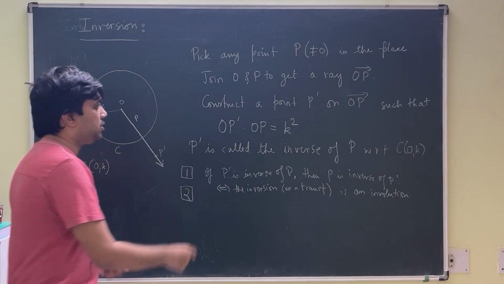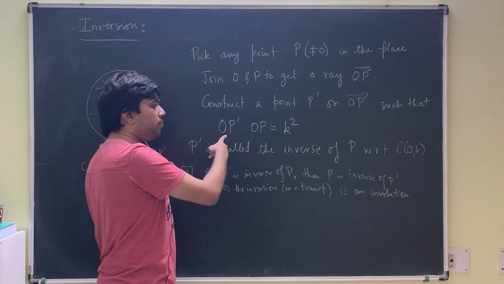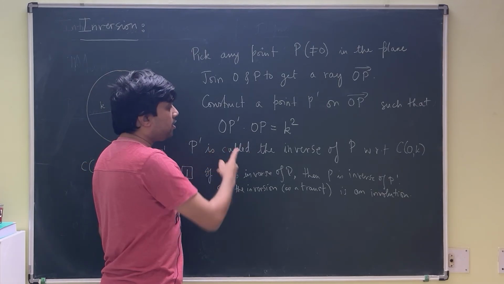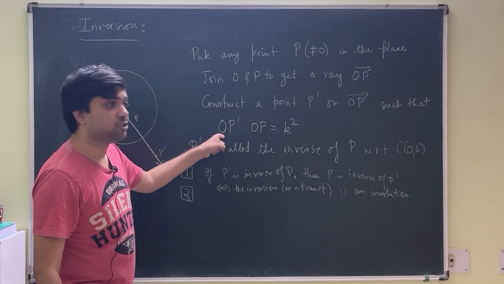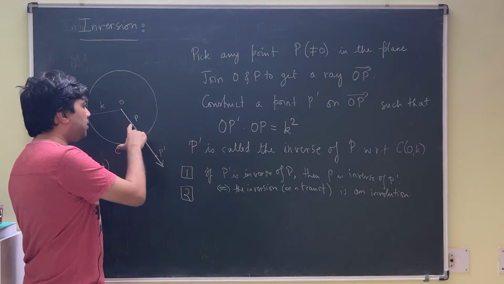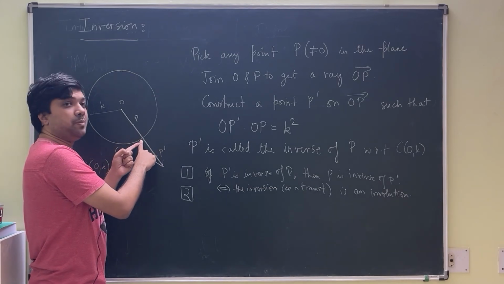What is the next thing? Let's note the easy case first. If OP is equal to k, then OP dash also equals k. So if the point P is on the circle, P dash must also be on the circle, which means P must equal P dash.